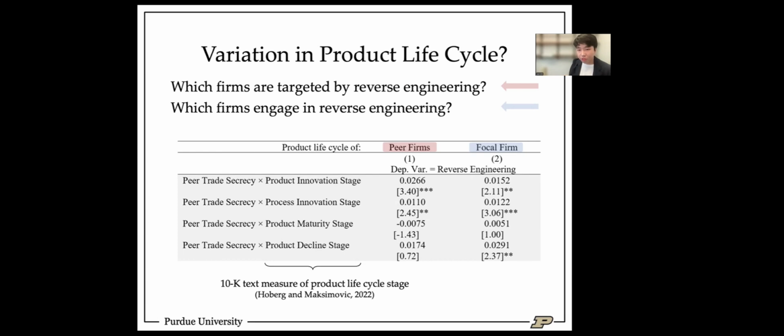Whereas the focal firms that are doing this behavior, the more interesting thing here is that companies that are in the decline stage are engaging in this type of behavior in the last row right there, suggesting that there's a lot of mature companies that are basically trying to leapfrog their early-stage competitors by deciding to just copy these types of products by those early innovators, which we think is a very interesting pattern that we document in the data.